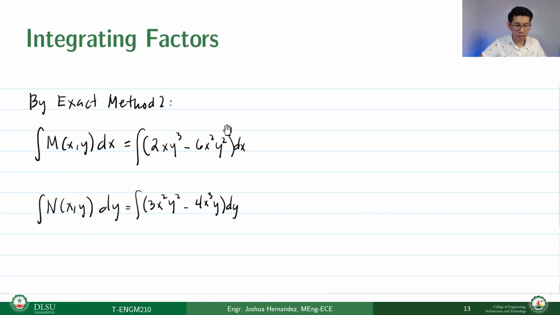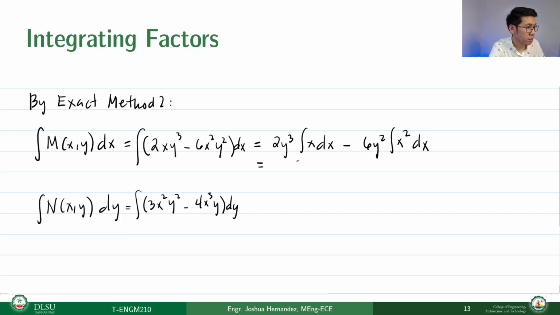All right, so integrating, we're going to get the integral of 2xy cubed with respect to dx, so we can factor out 2y cubed and leave x with dx, minus 6y squared x squared dx. This will result to x squared y cubed minus 2x cubed y squared.